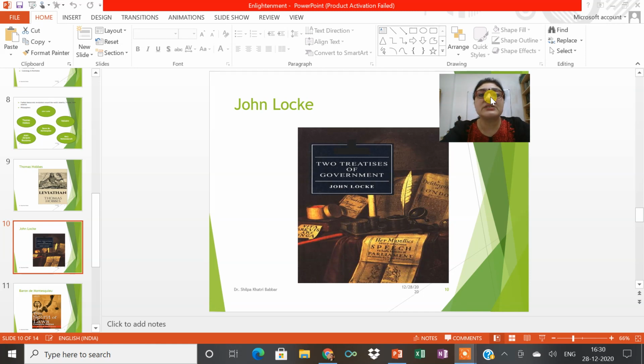And this was a year after the outbreak of the American Revolutionary War, where, and I would like to quote from the Declaration of Independence, we hold these truths to be self-evident, that all men are created equal, that they are endowed by their creator with certain unalienable rights.